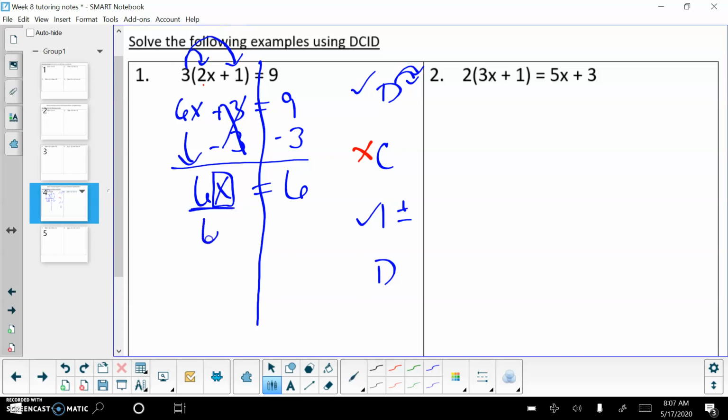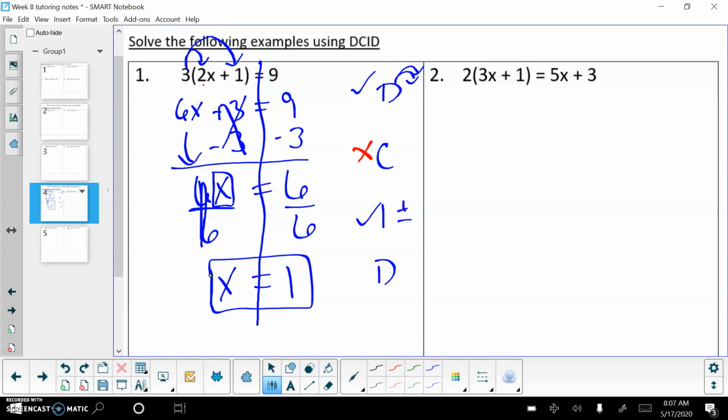So I'm going to divide by 6, which is going to make a 1, so we have a 1x. But over here on the other side, I also have to divide. And 6 divided by 6 also just happens to be 1. Okay, and when we box up our answer, we don't have to put the 1 in front of the x. We can just make that part of our box and say x equals 1.